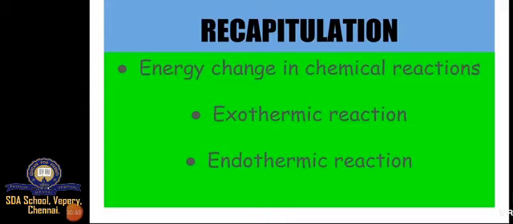In an endothermic reaction, when the reaction is taking place, it absorbs heat inside. So when the chemicals absorb heat, the energy change is based only on the heat taking place. So, exothermic and endothermic.